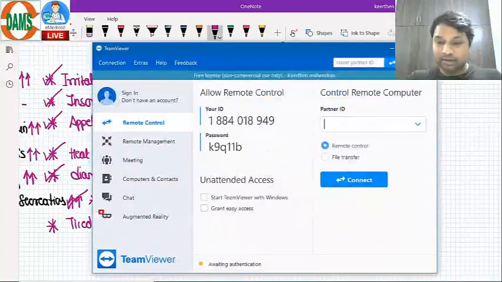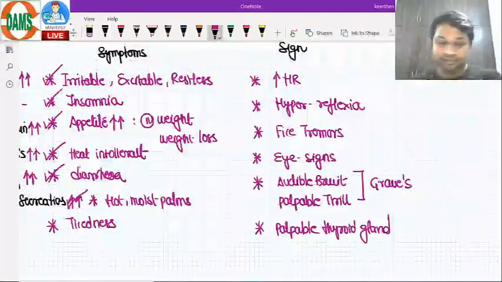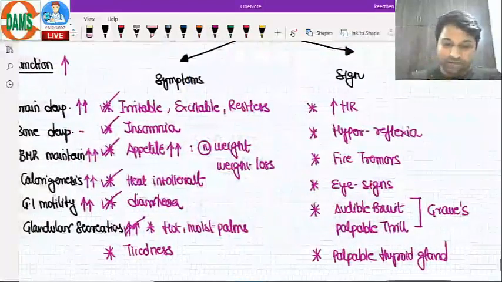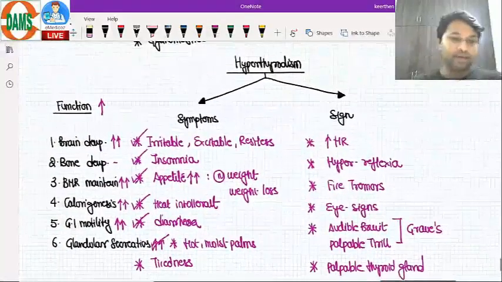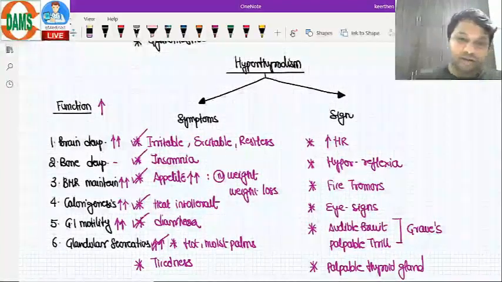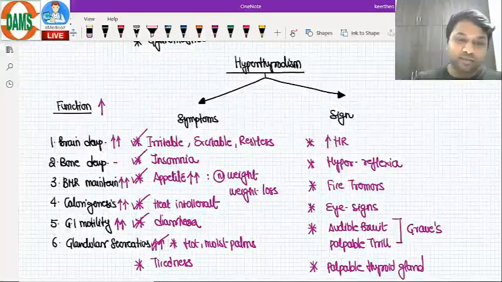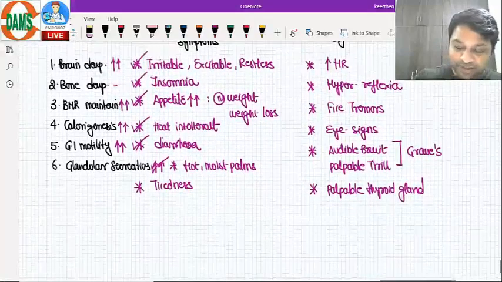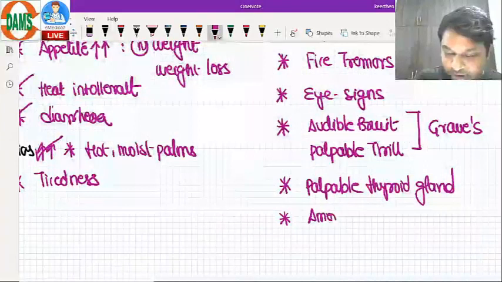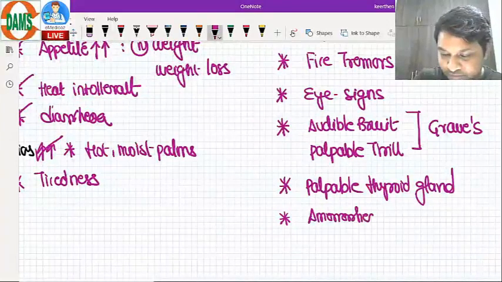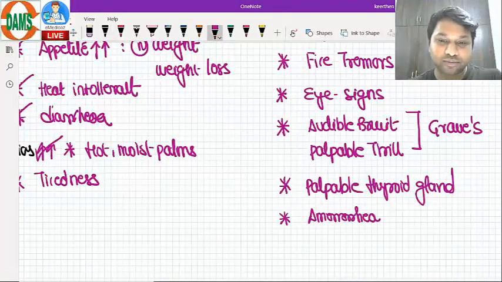So these are the signs and symptoms with respect to hyperthyroidism. Specifically in females, menstrual irregularities, that is associated with amenorrhea.